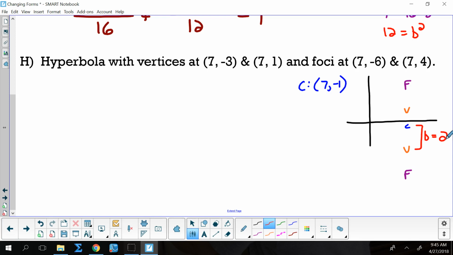What's c? Five. What is the relationship here? It's not the same, because they're different.